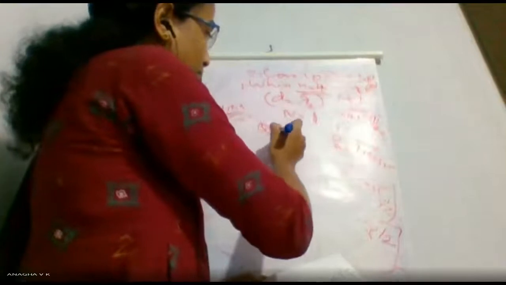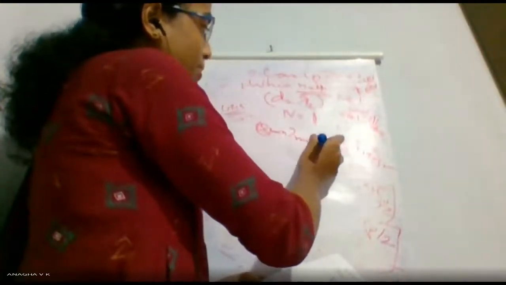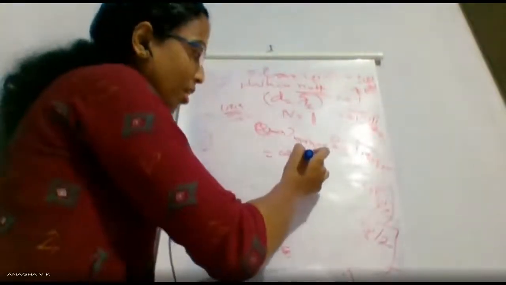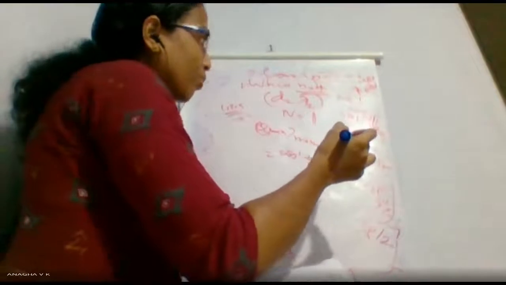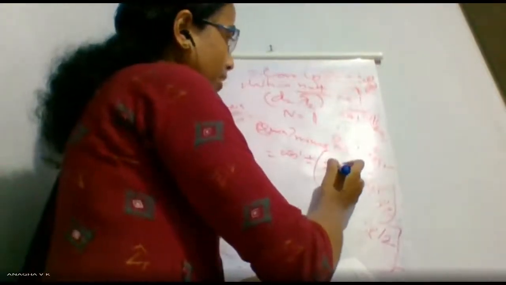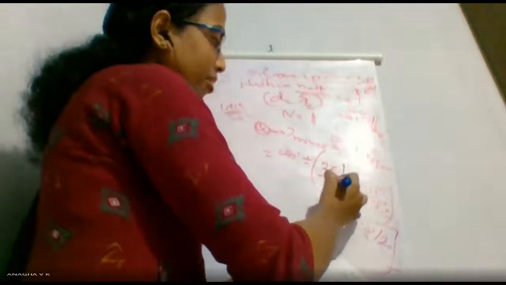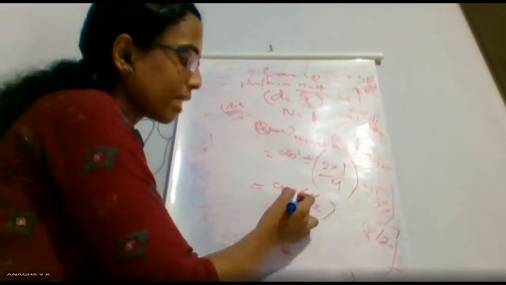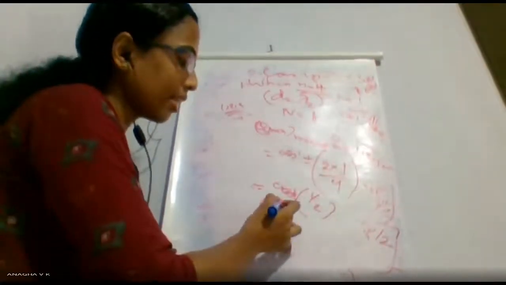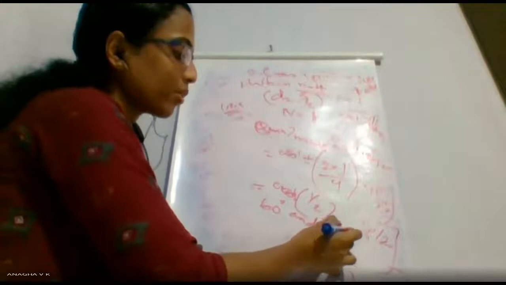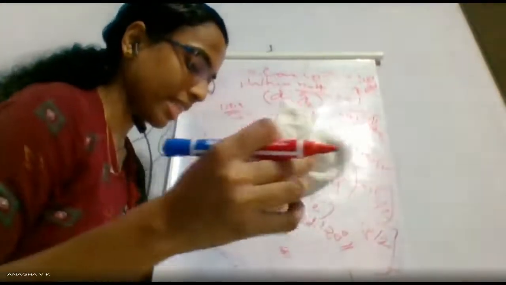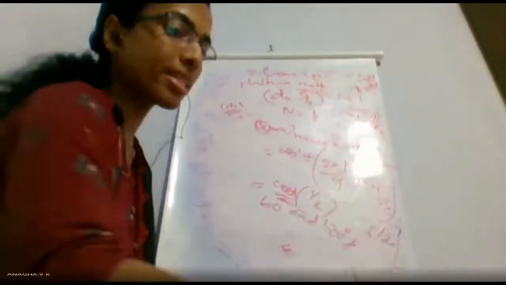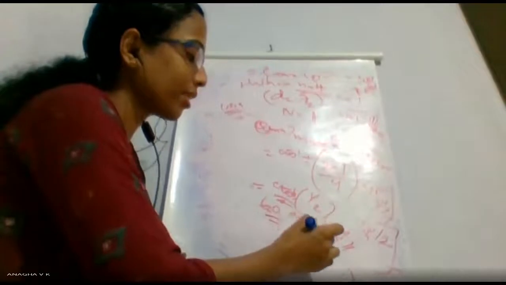So θ minimum of minor lobes is cos inverse of plus or minus 2n into 1 by 4, cos inverse of plus or minus 1 by 2, which is 60 degrees and 120 degrees. Cos 60 is 1 by 2, cos 120 degrees is minus 1 by 2.